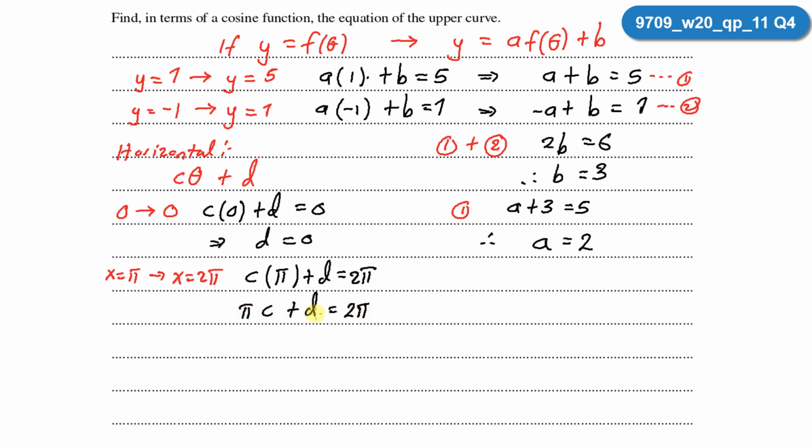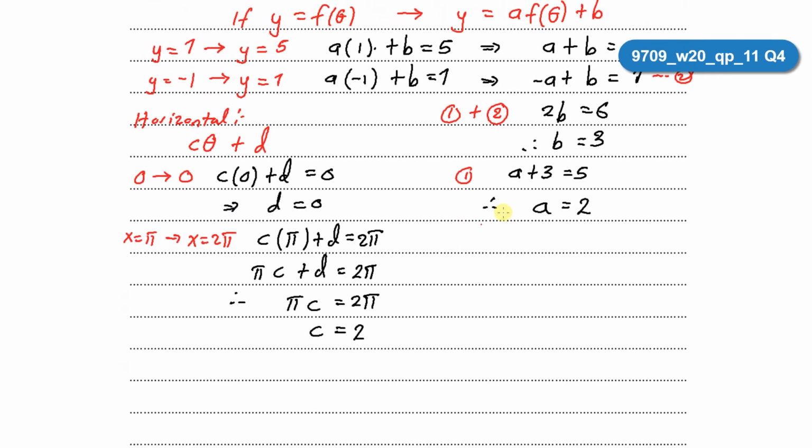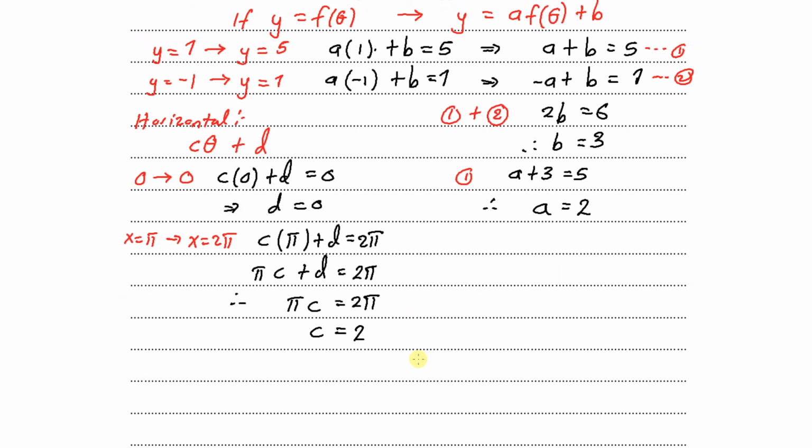But we know that D is 0, which therefore means that pi C is equal to 2 pi. And if we divide both sides by pi, we get C coming out as 2. So we now know what C is. So let us now write the transformations. So we have y is equal to a, in this case, is 2.